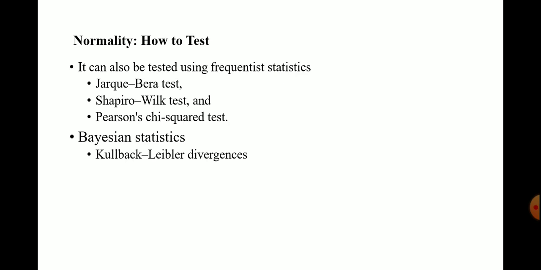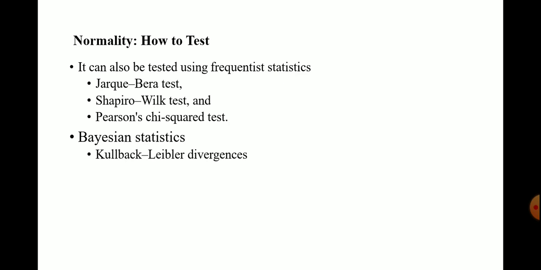The central limit theorem assumes that a large number of independent variables and their sum will always be normally distributed.